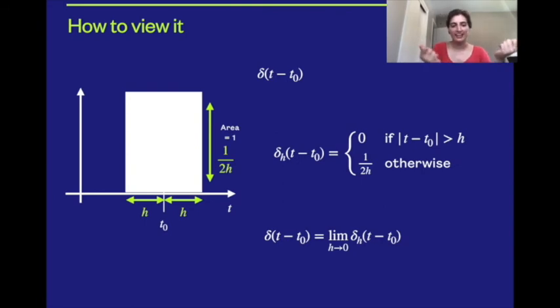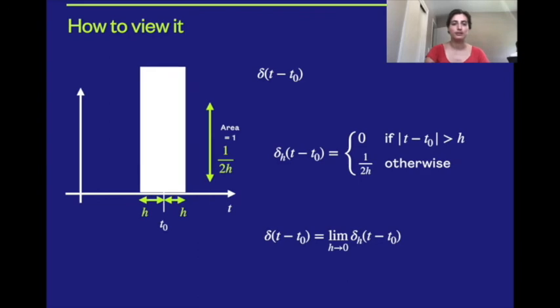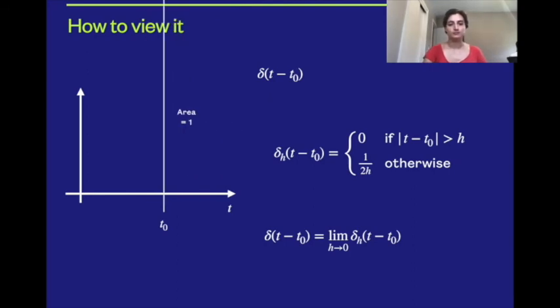When h, the width of your delta h, is going to 0, delta h is tending to delta. What is happening is that you're restricting this rectangle and making it higher and higher until it just disappears. It's this spike that still has area 1 because that's how you built it.